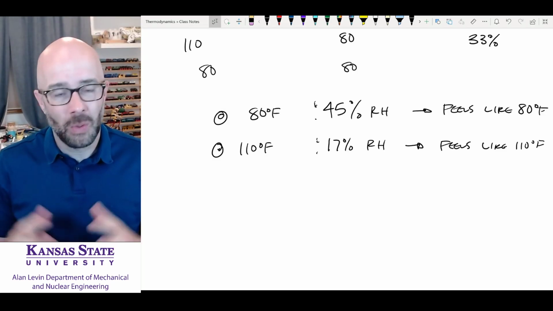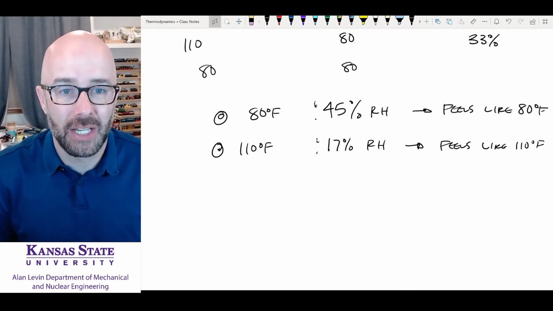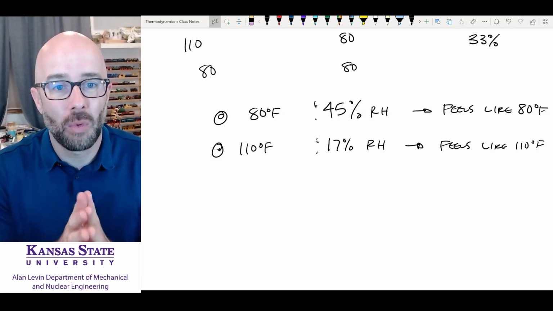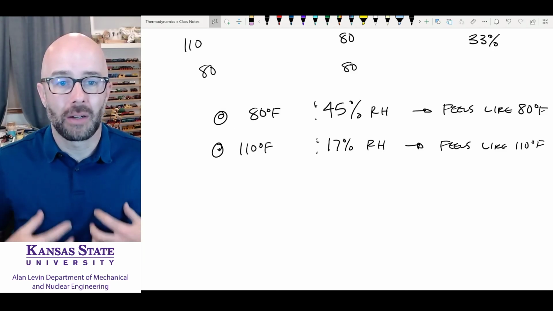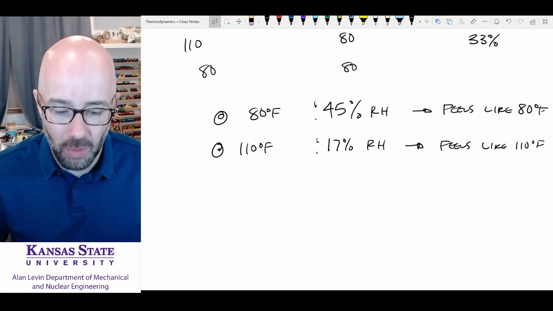So those are the things we're going to have to deal with when we're talking about our goal here about the air conditioning process. How do we feel more comfortable? That's where we're going to work on clothing and make sure we have sweat wicking clothing and everything like that.